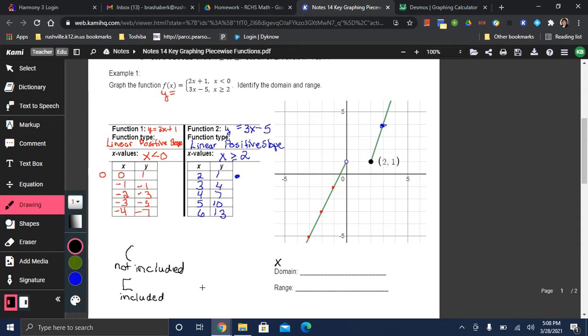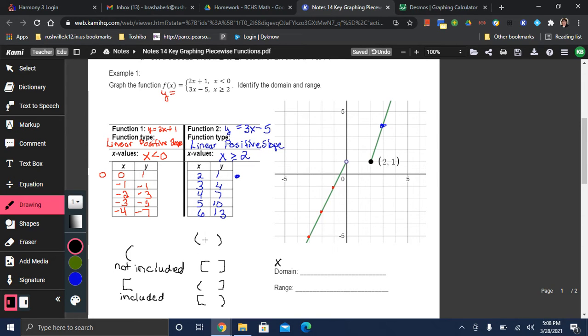So you could have 2 parentheses where neither the beginning or the end is included, or you could have 2 brackets where both the beginning and the end are included, or you can have a mixture of the two. So those are the different types of notations that you'll see.